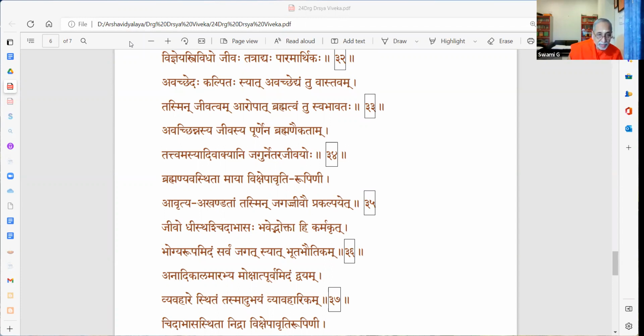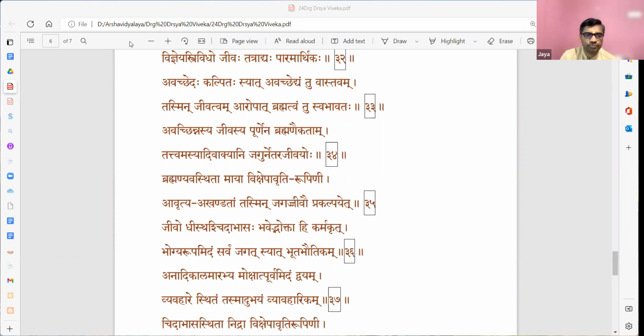Brahmanyavastitha Maya, Vikshepa vritti rupini, Avritya khandatam tasmin, Jagat jivau prakalpayet.